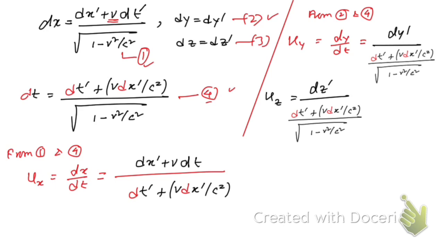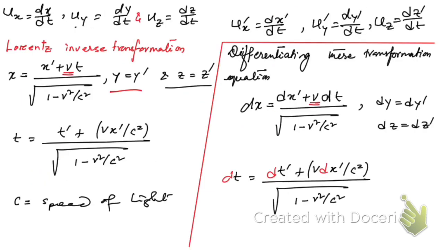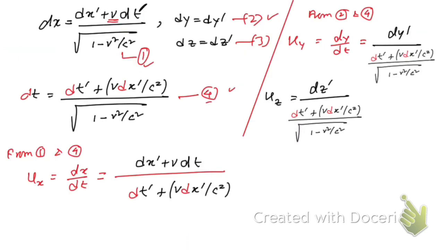It's supposed to be t dash. In equation number 1, this is dt dash, not t. Let me correct it. Here you see this is supposed to be dt dash, this is t dash, right? Here I forgot to give this t dash. Now this is dt dash, okay?